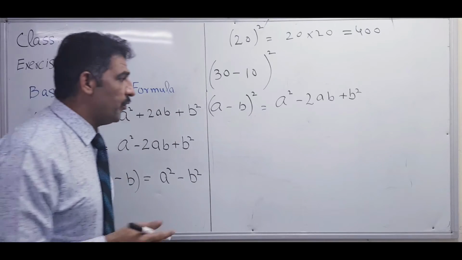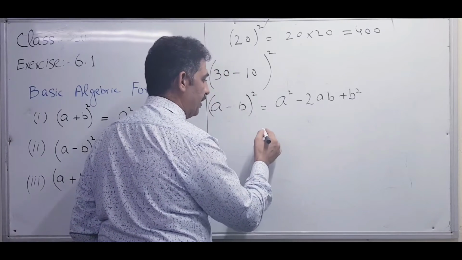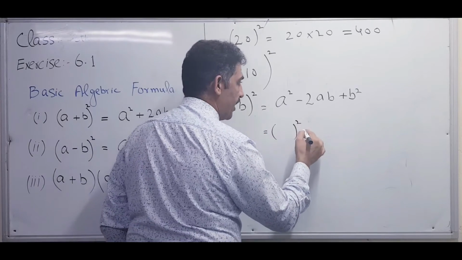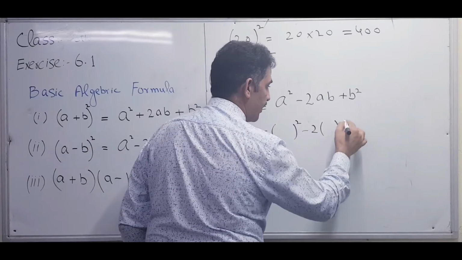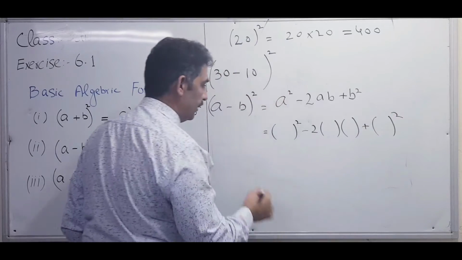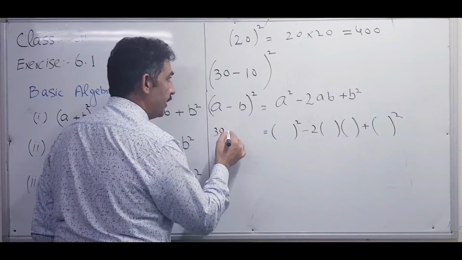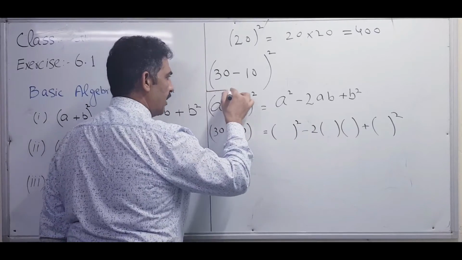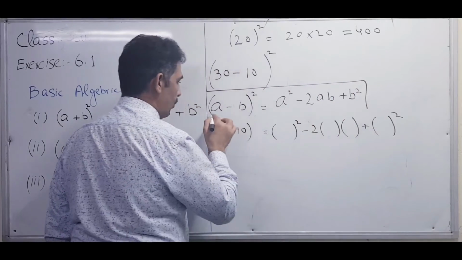So according to the formula, we will use the bracket like that: first element, minus 2 into first element product second element, and square of second element. That is 30 minus 10. This is the formula, so that's why I will close it in the box.